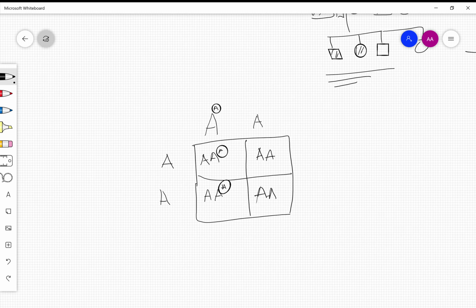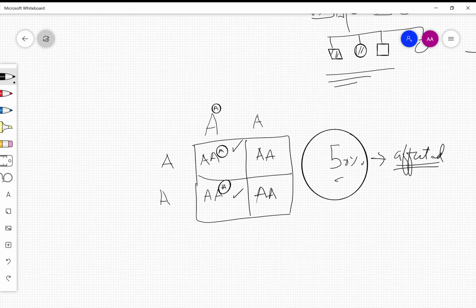If you see, there is a 50% chance that these individuals are affected because they have an abnormal gene. In each pregnancy there is a chance of 50%: either you will be normal or you have the affected gene and you will have the condition.